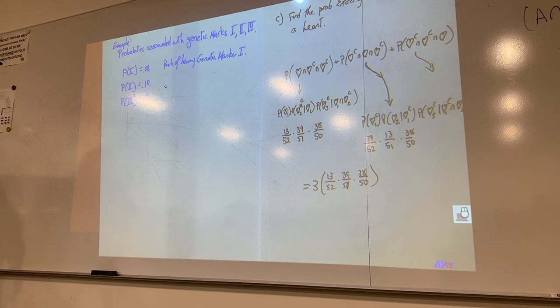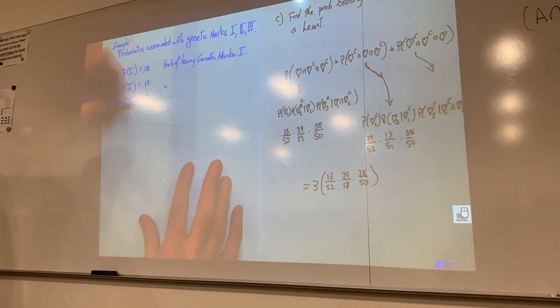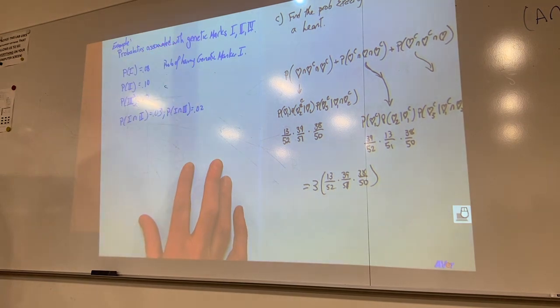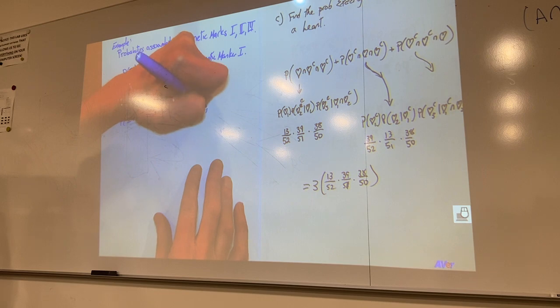Furthermore, the probability of having both genetic markers 1 and 2 is 0.03. The probability of having markers 1 and 3 is 0.02. 2% of the population have those two markers.